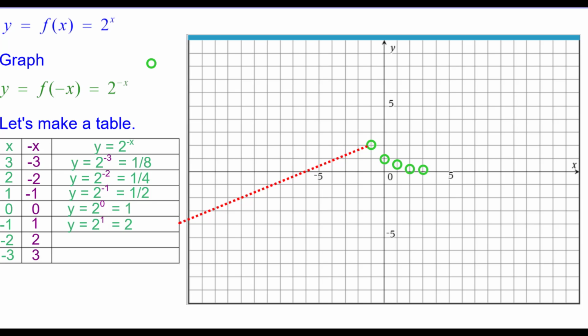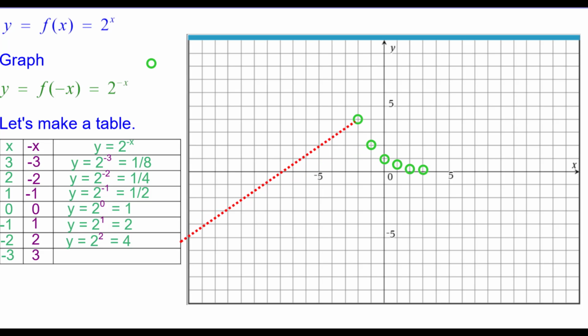The opposite of negative 1 is positive 1. 2 to the first power is 2, so negative 1 comma 2. Negative 2 comma 4. And negative 3 comma 8. Press pause if you need to catch up.